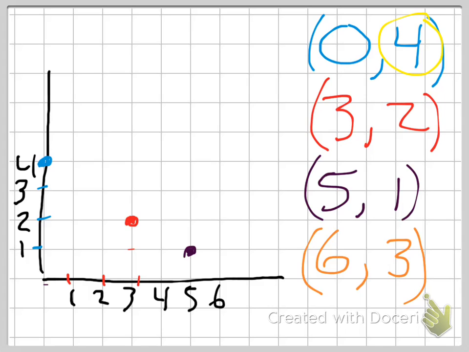And my last point was (6, 3), so I'm going to repeat the same process. I'm going to go to the right 6, but I also need to go up 3, so up 1, 2, 3, and my last point would be right there. Okay, if I've done this correctly, all of my points are directly on the places where the lines meet, and I've always done my X number first and my Y coordinate second.